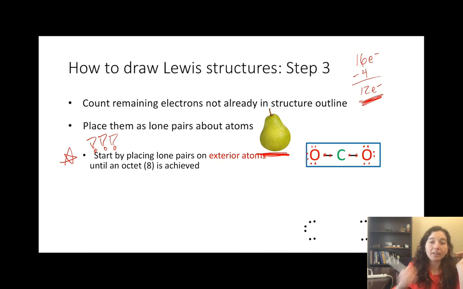That is all of my electrons. So I can't add any more electrons. What's nice is this has a full octet. This has a full octet as well. So these oxygens are pretty happy.